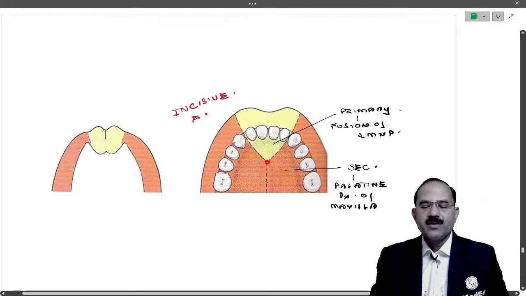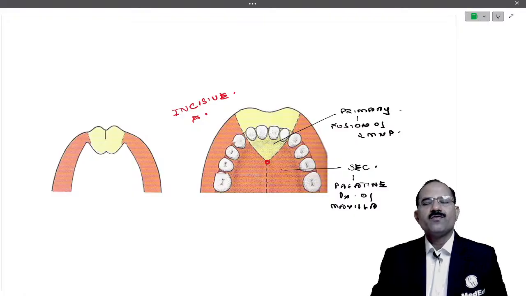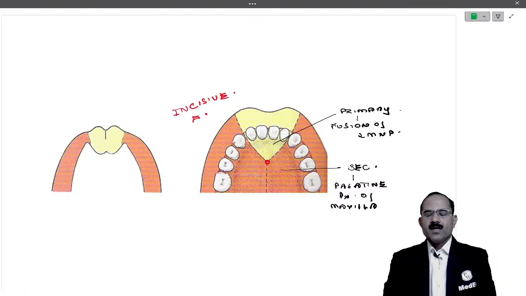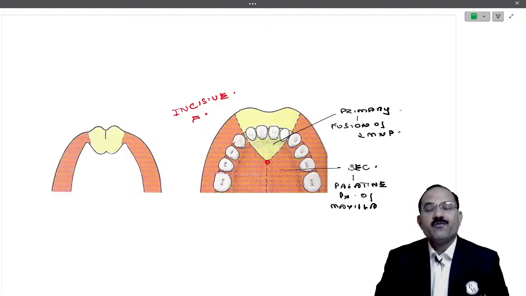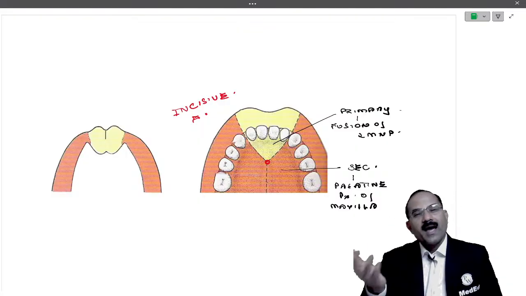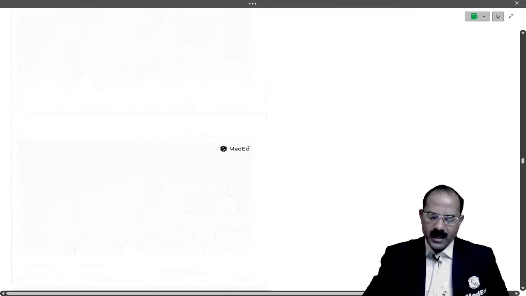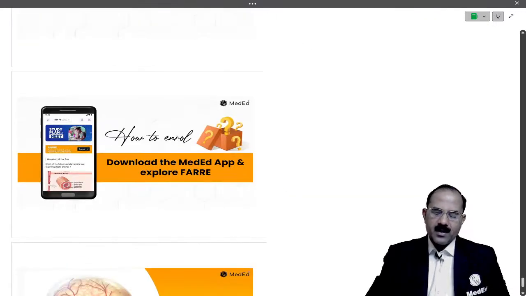Not the horizontal plate, bacha. It's the palatine process of maxilla. The incisive foramen differentiates between the primary and the secondary palate. Clear to all of you?